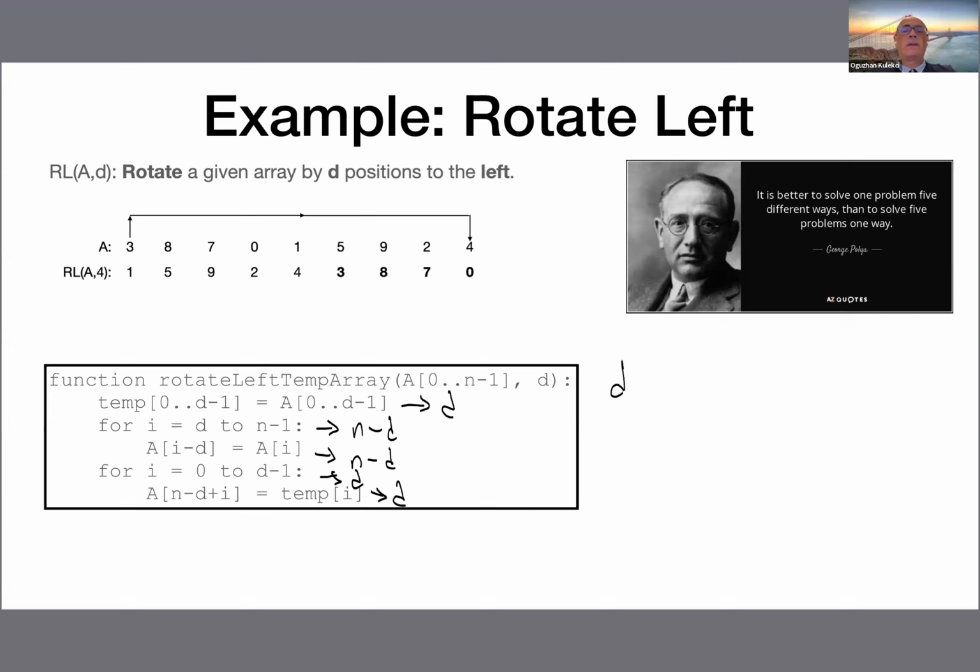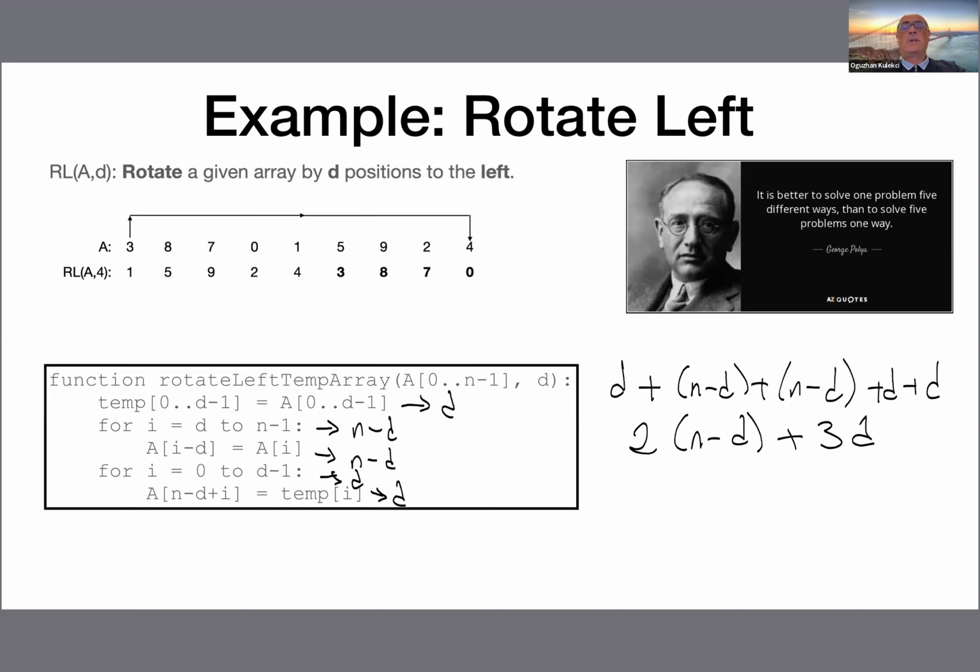So D plus n minus D plus n minus D, plus D plus D, correct? Okay, so at the end, what I have here is 2n minus D plus 3D operations, right?